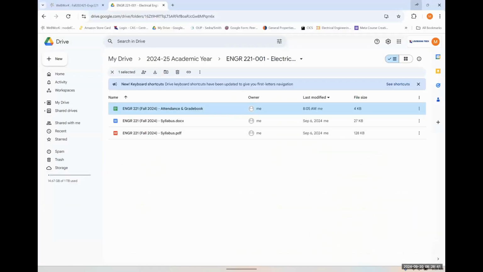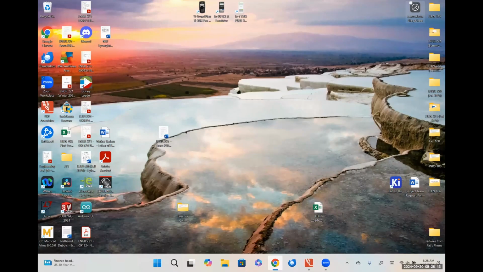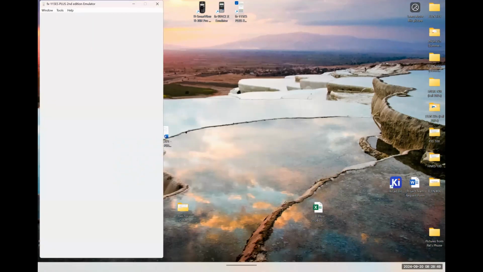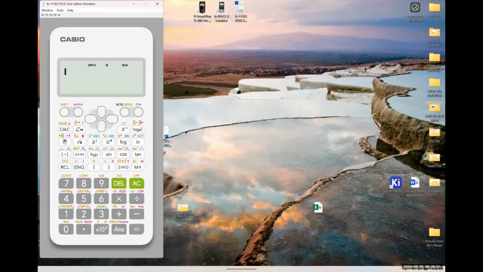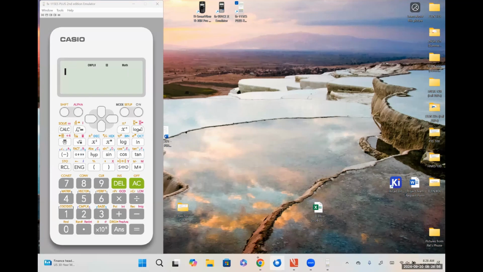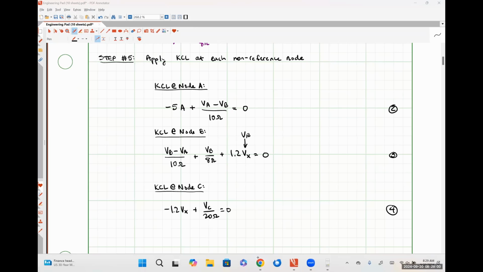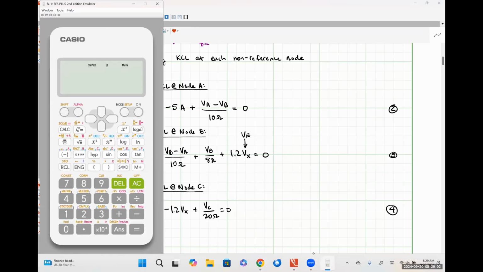Let me pull up my calculator menu. So let's do the Casio 115 because we used the TI the other day when we solved the system. Let me get that system of equations on the same screen so that I don't have to go back and forth 100 times. Okay.